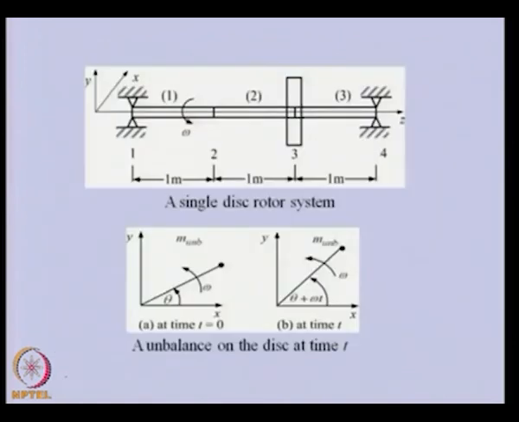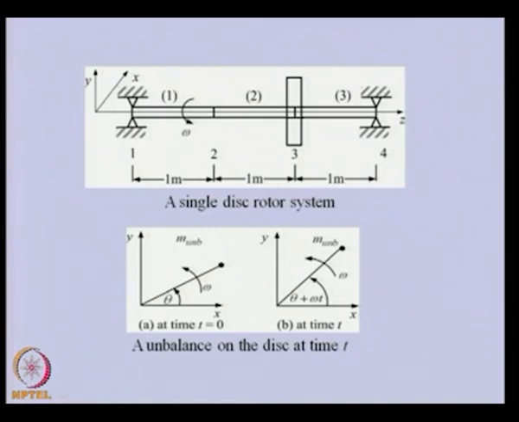In this particular case, because we are considering the unbalance, which will be acting in 2 planes, we are considering the motion in 2 planes, x and y. As such, there is no coupling in the 2 planes, because the bearings are rigid, but still for illustration purposes we are combining the 2 plane motion now.